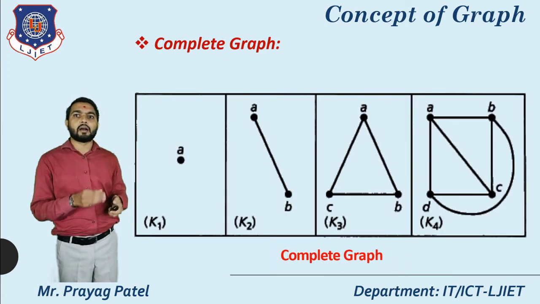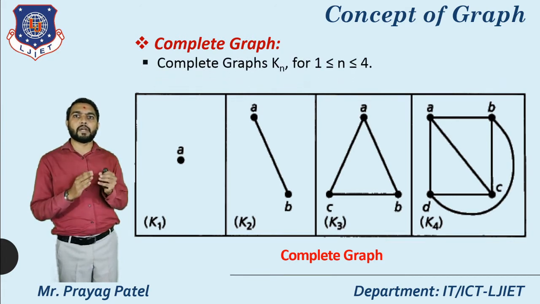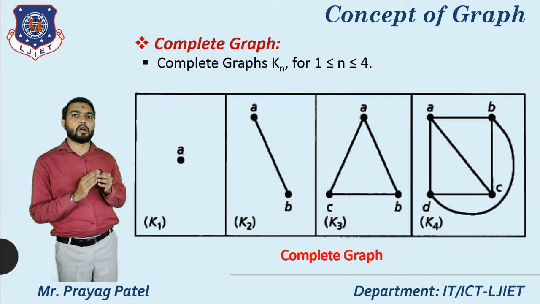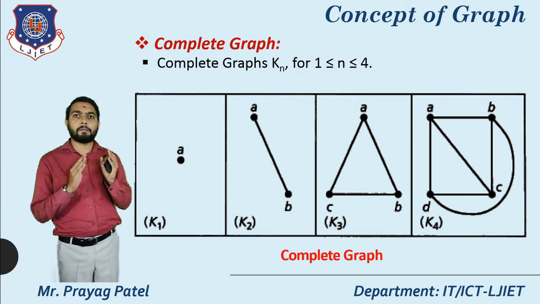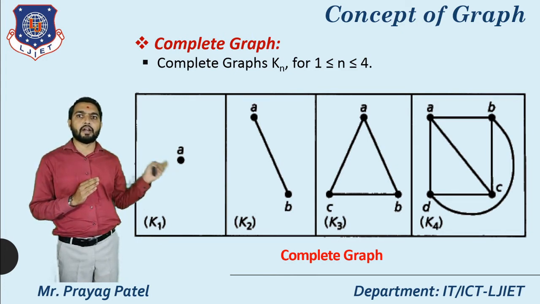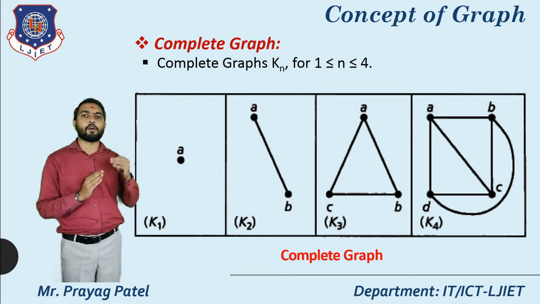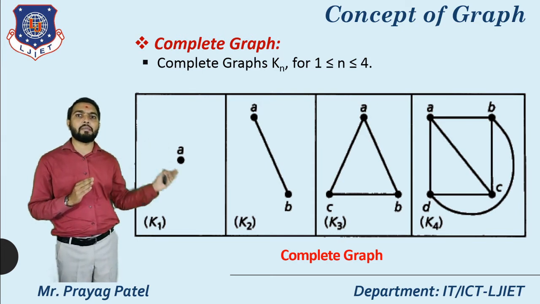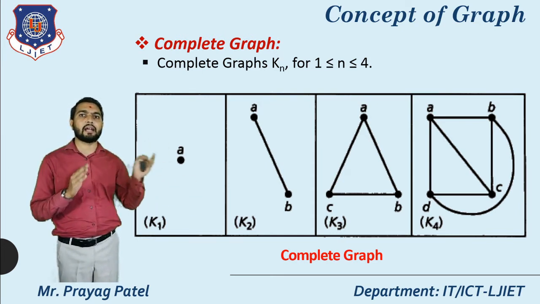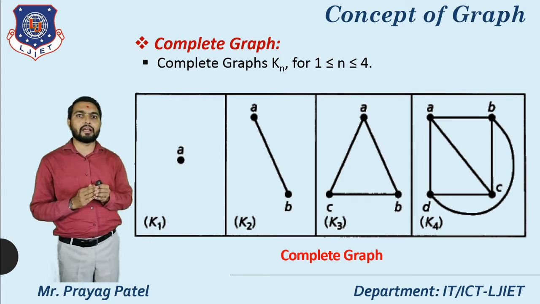Now here the complete graph is like this: complete graph Kn for n equal to 1, 2, 3 and 4. If n equal to 1, the complete graph K1 for one node is only one node. Now the complete graph for two vertices, A and B, is K2, for n equal to 2.